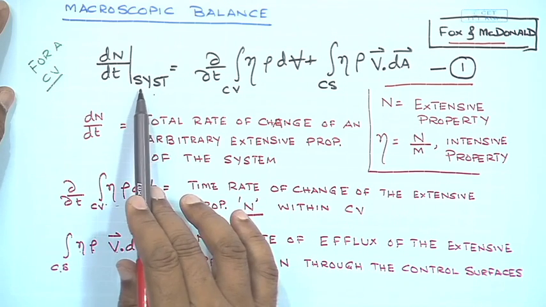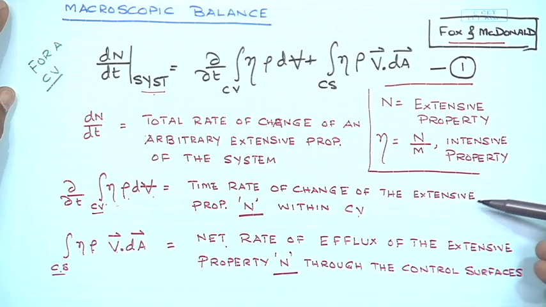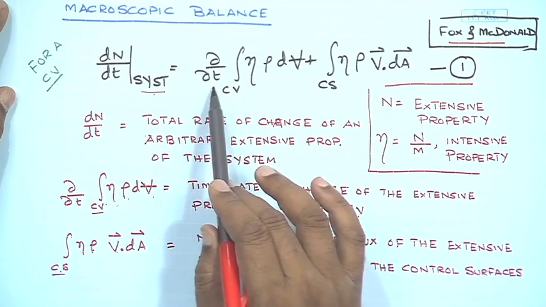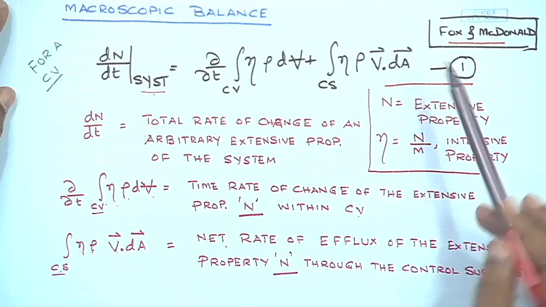So what I have then, the first term refers to the system, the second two terms refer to the control volume. So it is the time rate of change of the extensive property within the control volume, and this is the net rate of efflux of the extensive property N through the control surfaces. So one is an unsteady effect, the second one is due to the flow of the extensive property through the control surfaces.